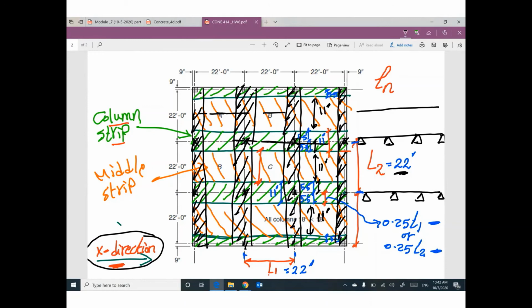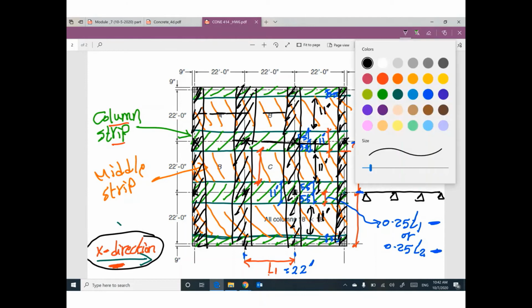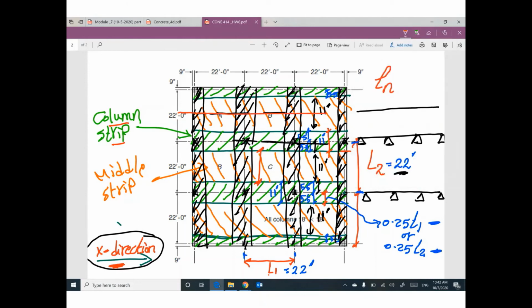So, if you are looking at this middle strip, it will be supported here by this column strip, and this column strip, and this column strip, and this column strip. Which column strip? In Y direction. You got it?